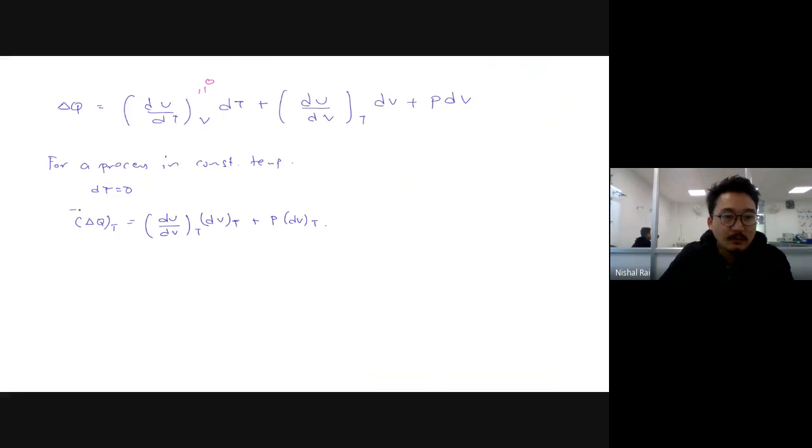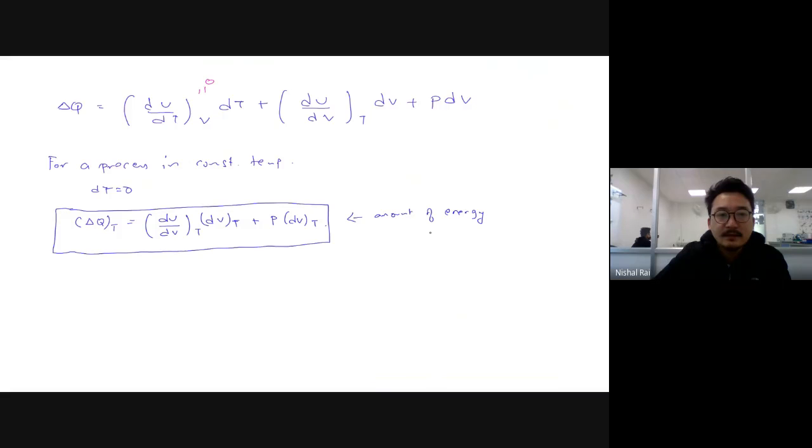Now from here you can see this is the amount of energy transferred in an isothermal process.